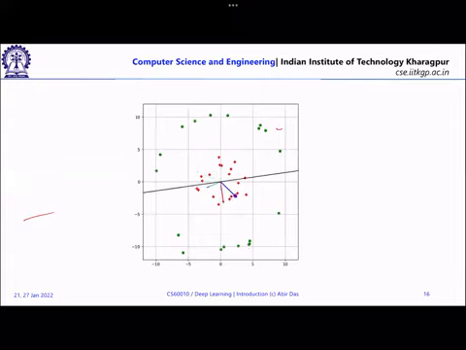Okay, one more question from Rishabh. Yeah, please. Sir, I didn't understand one thing: how are the activation functions actually contributing towards classification? You can think of it as, first of all, you need to introduce some nonlinearity. Otherwise, you will not be able to get these nonlinear separations. But if you think about just the output layer, for classification you need some decision between 0 and 1, or either -1 or 1.